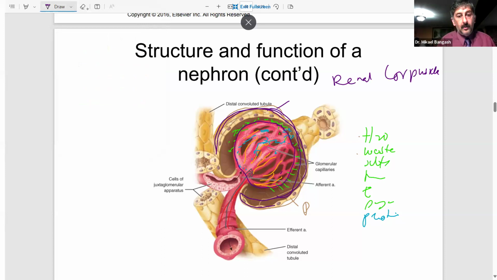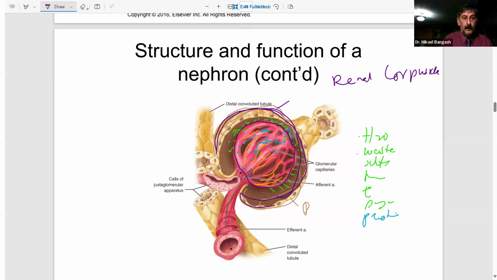And we can mainly say this is going to contain the substance that we now call filtrate. But this filtrate is still going to be further processed, and eventually it is going to become urine.